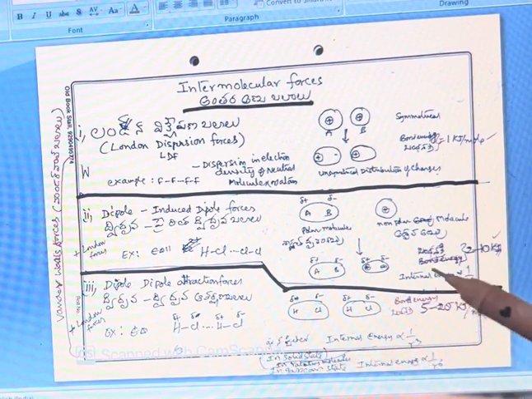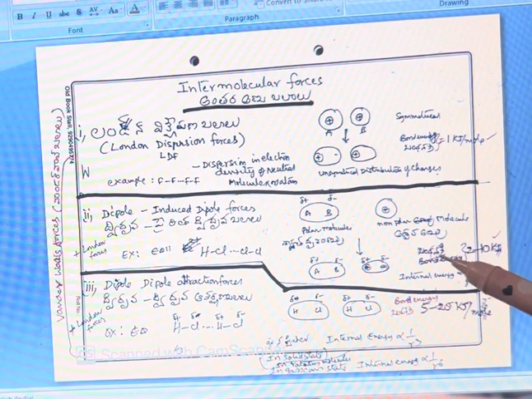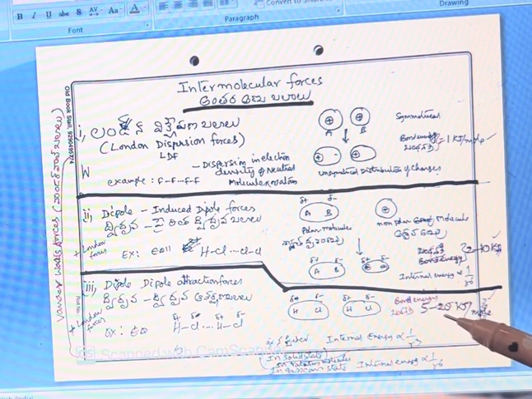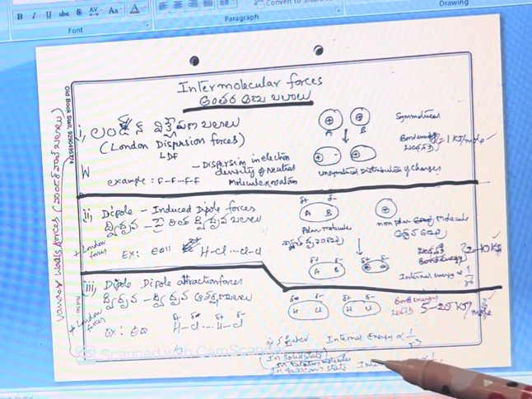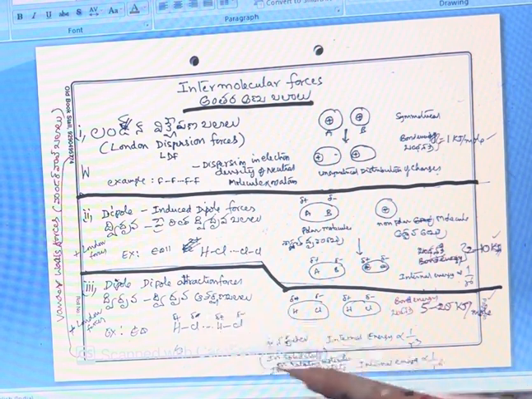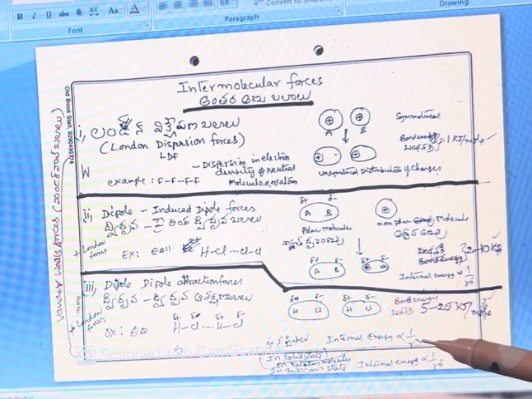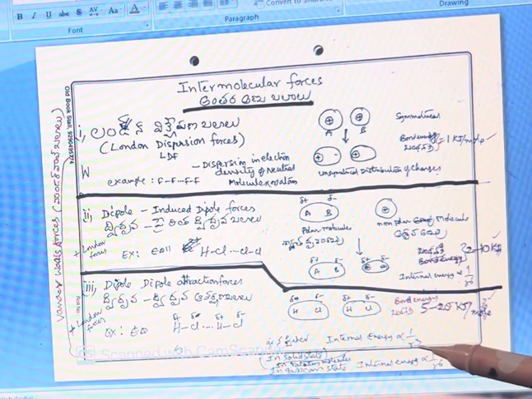It is stronger than dipole induced dipole, 5 to 20 kilojoules per mole. This is 2 to 10, this is 5 to 20. When it is in the solid state, the internal energy is inversely proportional to r cube, the distance between the molecules.